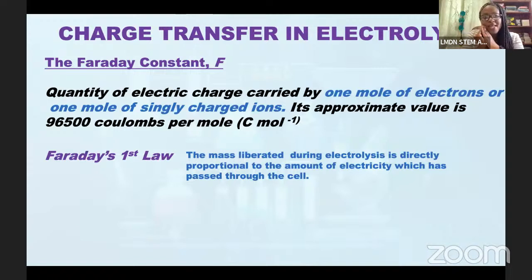So if you flow a large amount of electricity through the cell, you get a large mass of stuff liberated. That's what direct proportionality means: more electricity, more mass; less electricity, less mass. Let me know if that's clear.